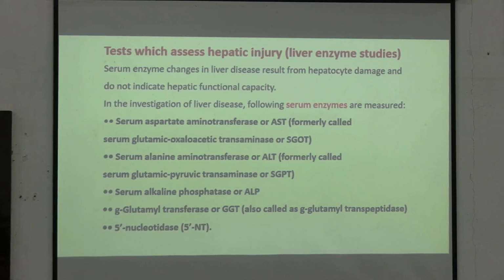In the investigation of liver disease, the following serum enzymes are measured: serum aspartate aminotransferase or AST or SGOT, serum alanine aminotransferase or ALT or SGPT, serum alkaline phosphatase or ALP, gamma glutamyl transferase or GGT, and 5' nucleotidase. So the enzymes are AST or SGOT, ALT or SGPT, ALP, GGT, and 5' nucleotidase.